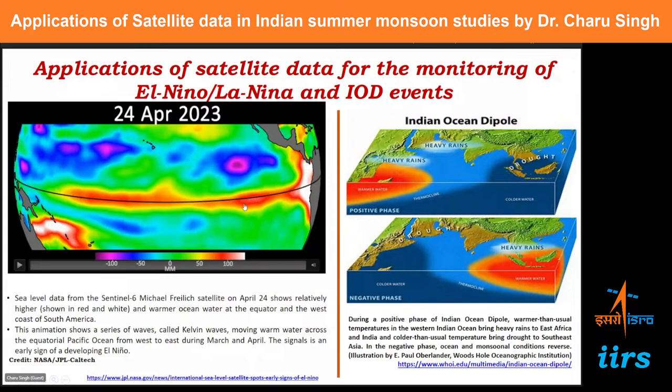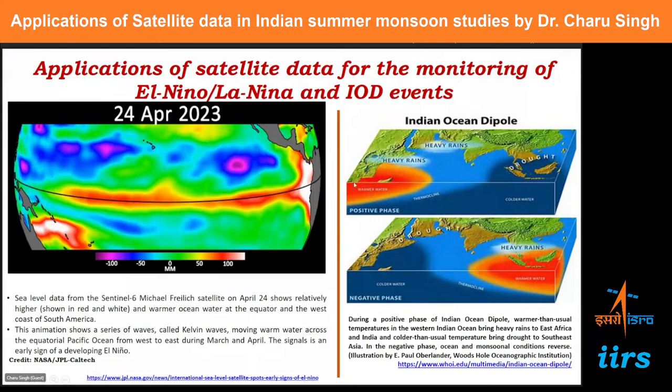Now El Nino is there in the Pacific region in 2023, and it is anticipated that it may impact the Indian summer monsoon rainfall in coming days. Likewise, besides El Nino and La Nina, we also have another important phenomenon in the Indian Ocean, that is the Indian Ocean Dipole. So this particular event modifies the impact of El Nino and La Nina over the Indian summer monsoon.